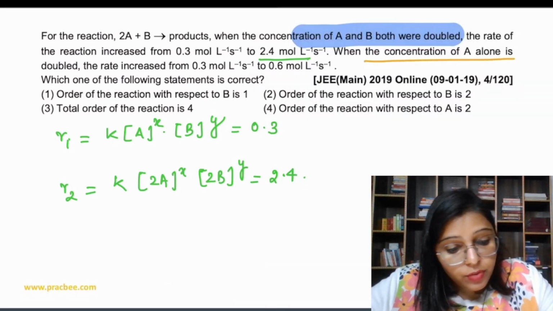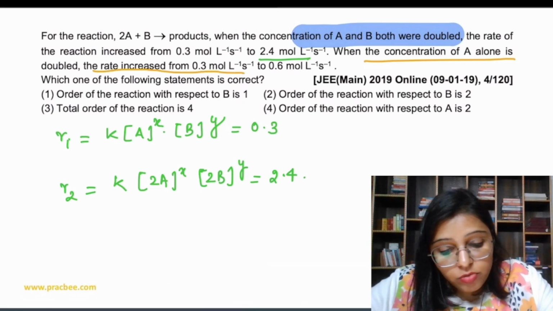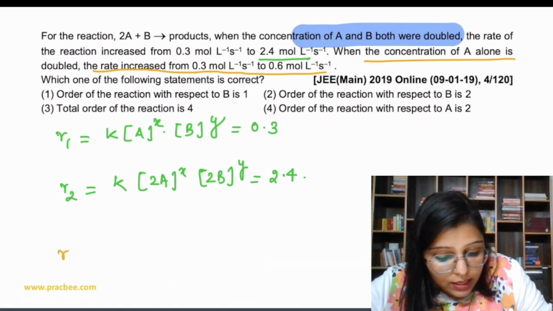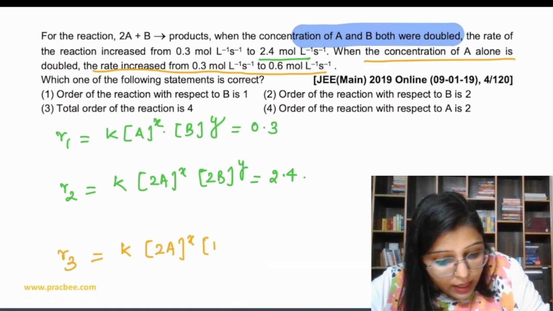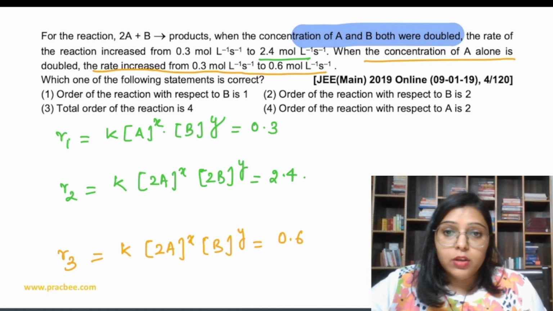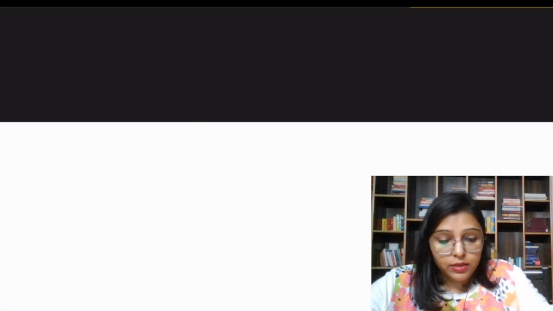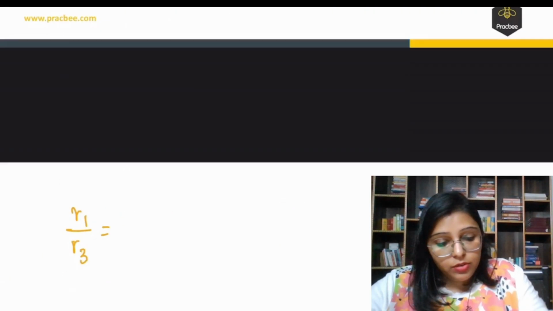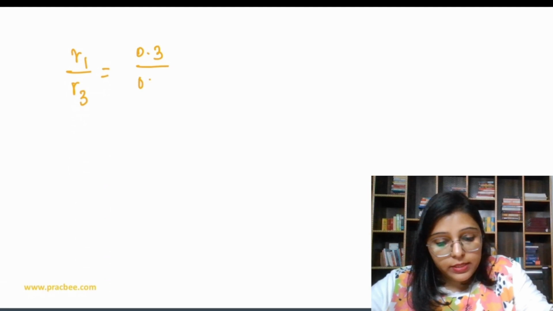Now next part. When the concentration of A alone is doubled, the rate increases from 0.3 to 0.6 mole per liter. When concentration of A alone is doubled, so R1 is this, so R3 will be k(2A)^x and B as it is. So rate increases from 0.3 to 0.6. So look, in order to calculate x, what we can do, R1 upon R3. So R1 upon R3 is 0.3 upon 0.6, right?